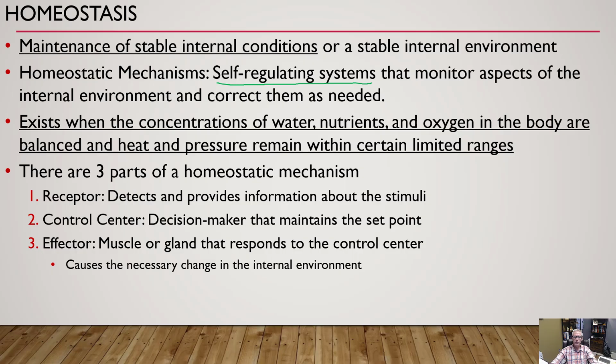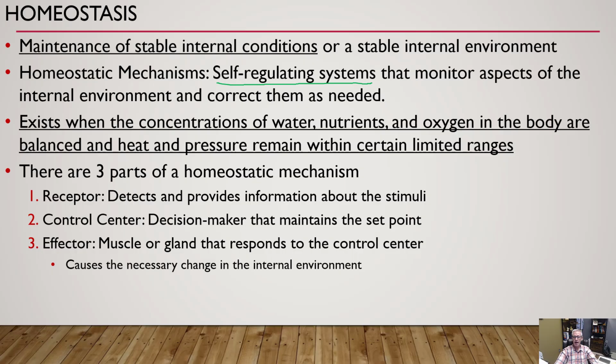Anyway, so this homeostatic mechanism, there's 3 parts to it. We have a receptor that's going to detect and provide information about that stimuli. So I'm going to use blood glucose as an example.